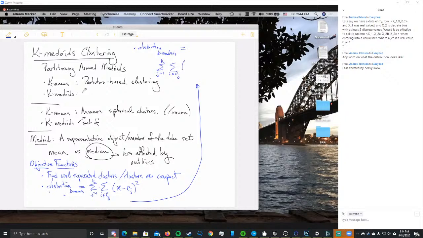But now, we're taking the distance to this data point m sub j, which is our medoid. So the nature of the objective function looks very much like k-means. The only difference is whether we're using a centroid or we're using a data point. Okay.